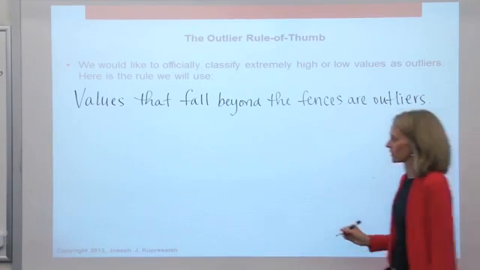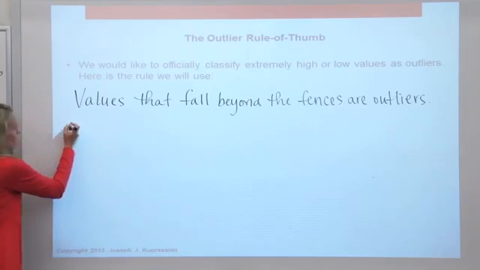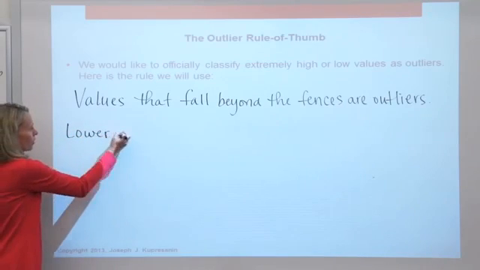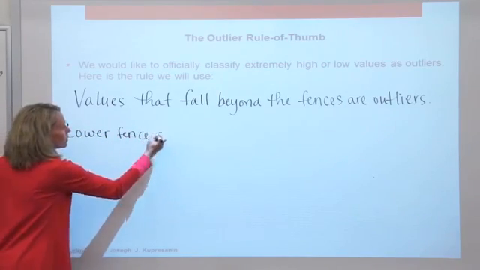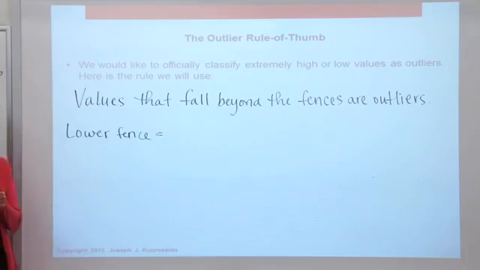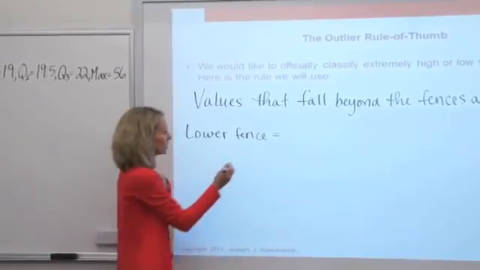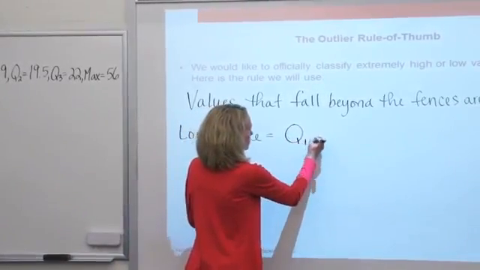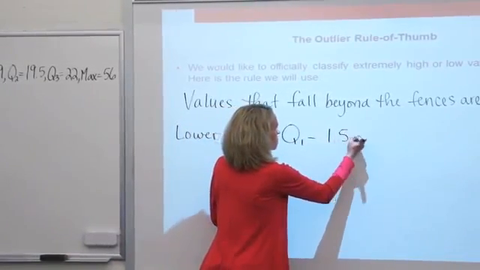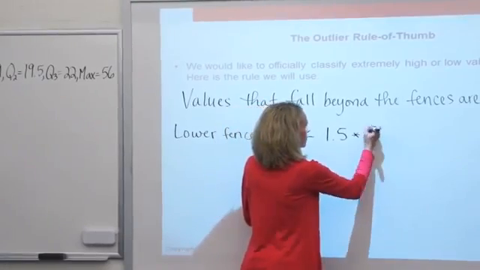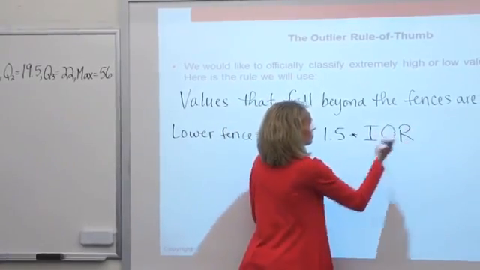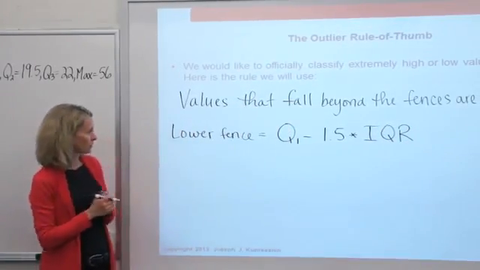Okay, and how we get those fences: for the lower fence, to determine if you have outliers on the low end, we start at Q1 and subtract 1.5 times the interquartile range, abbreviated IQR.